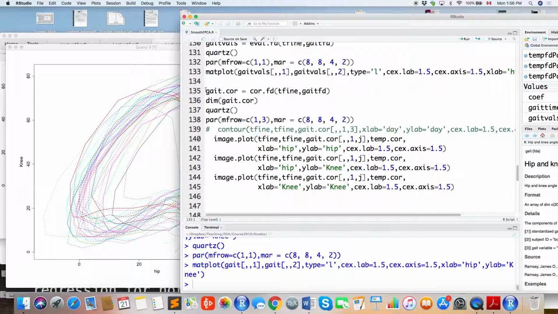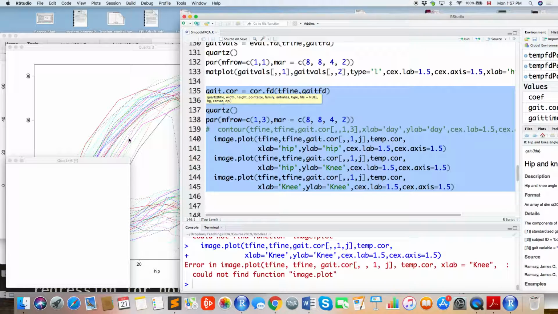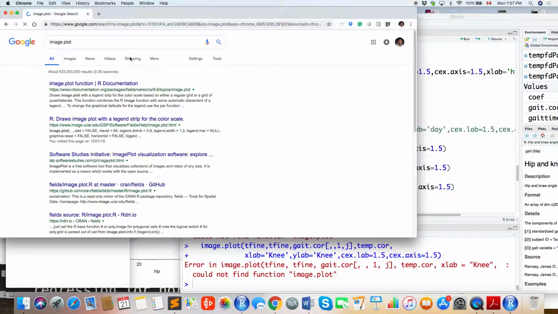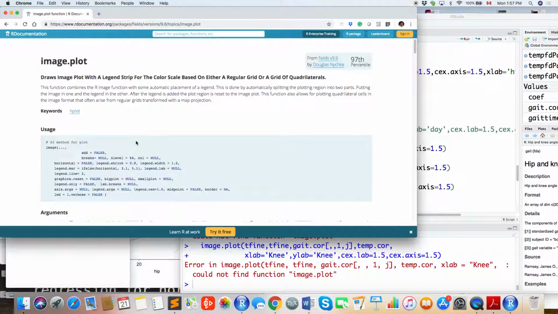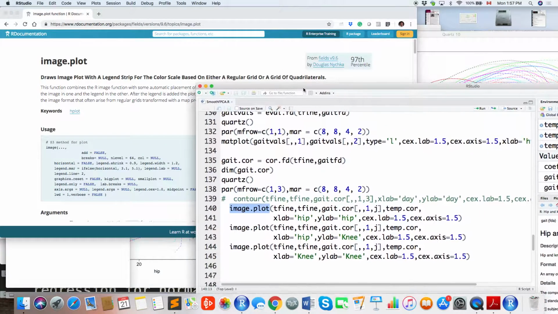Here we can also look at the correlation on this two-dimensional image plot.